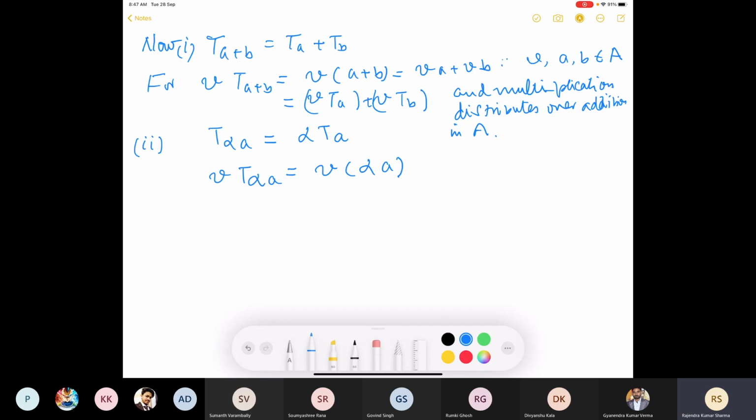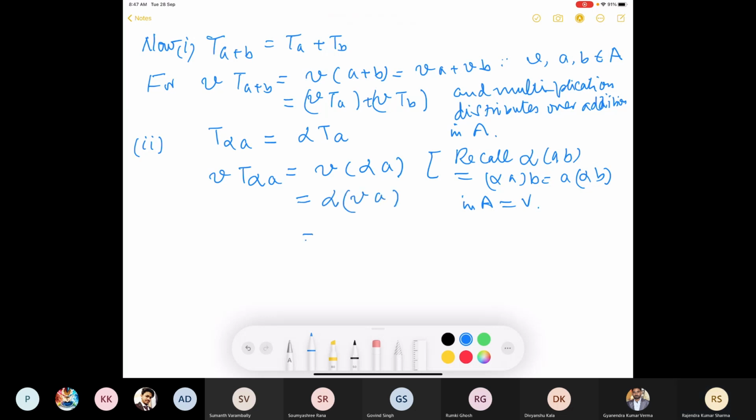Now recall that 𝒜 is an algebra, and v and A are elements in it. Recall that α(AB) is the same as (αA)B, which is the same as A(αB) in an algebra. So the α comes out, and this is the same as α(vA), which is α times v under T_A. So that makes T_{αA} equal to αT_A.